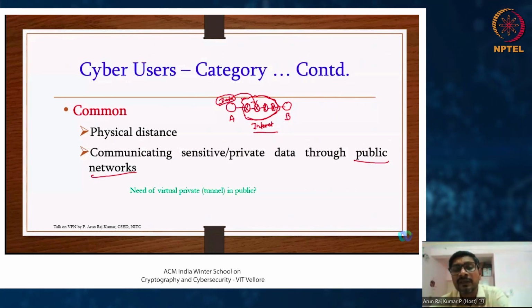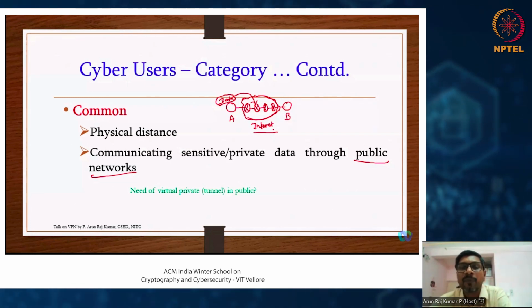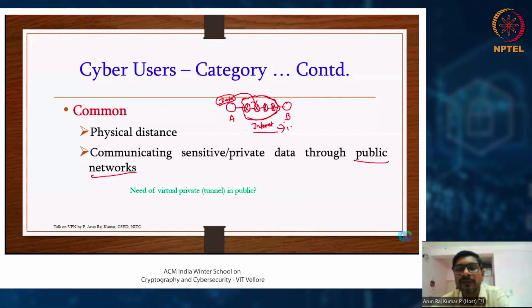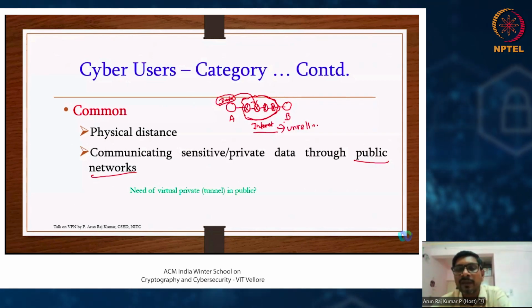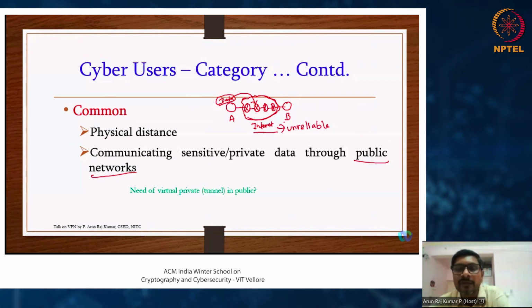The data may be sensitive, critical, private or confidential, which I don't want to share on public networks, because we call this unreliable. The network is not reliable, so I am afraid to send the data over the public networks.